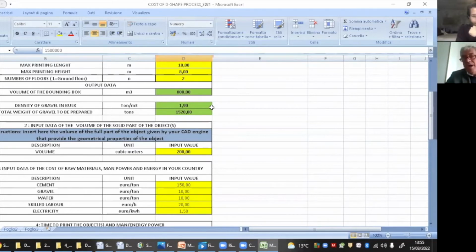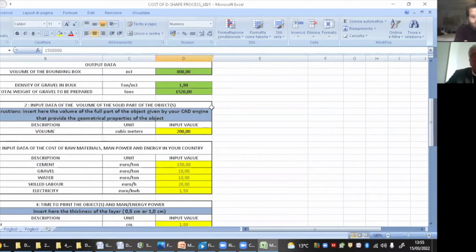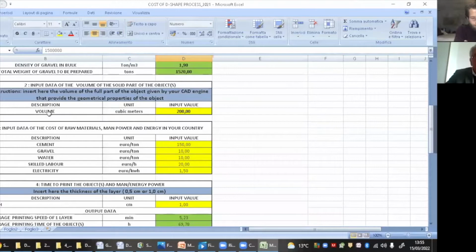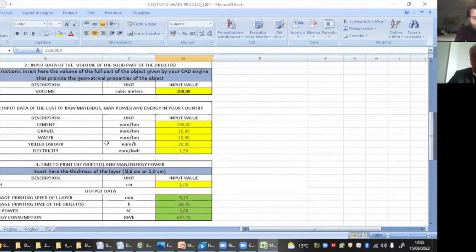You have to be prepared to print, let's say, an entire neighborhood. And so here is the real volume of the full part of the building, about 200 cubic meters. That is an estimation much in excess, including the foundation.